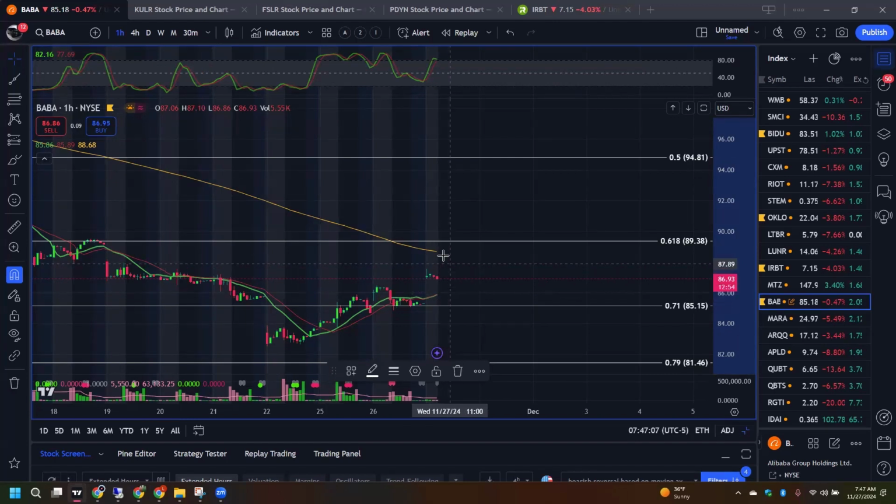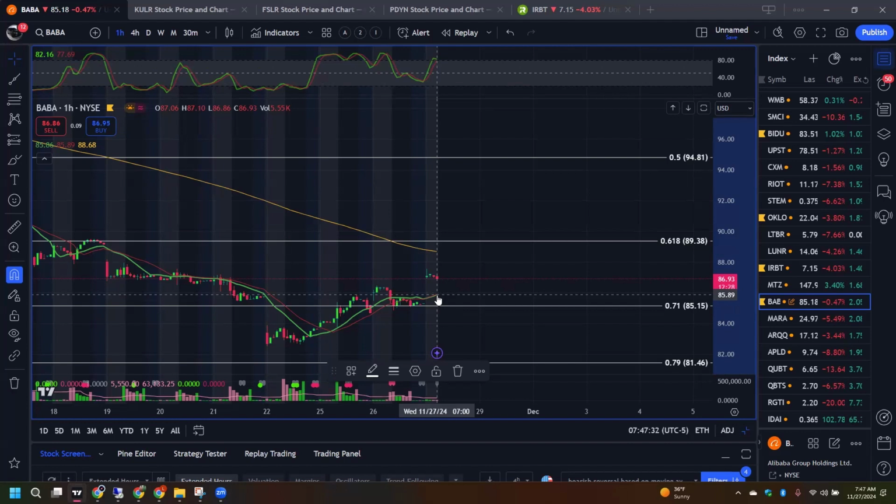And then I would just trade it with a target of this, which is at 88.68, or you can go to 89.38. So your strike price would be somewhere between 85.86 and 89.38. On a shorter term contract, December 20th or January 17th, you want to be as close to at the money as you can.